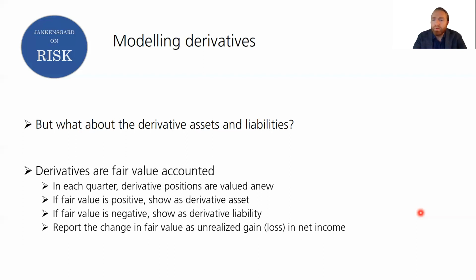Many items in the financial statements are headed towards fair value accounting, and we're supposed to get market values or proxies thereof into the financial statements on the basis that they're more informative. In past times, firms used to be quite opportunistic when it came to derivatives, and they would report gains when that was to their advantage, and they would withhold derivative losses when it would have been inconvenient to report that.